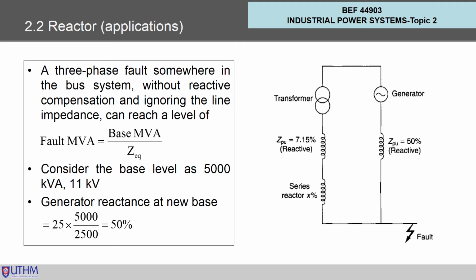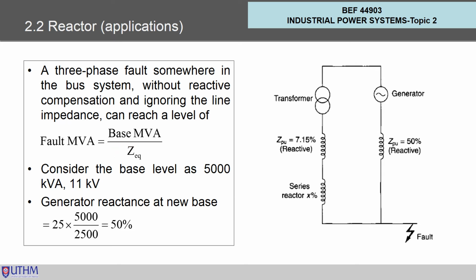This is the solution. We have a 3-phase fault somewhere in the bus system without reactive compensation, ignoring the line impedance. This is the formula for fault MVA, which is equal to base MVA divided by Z equivalent.